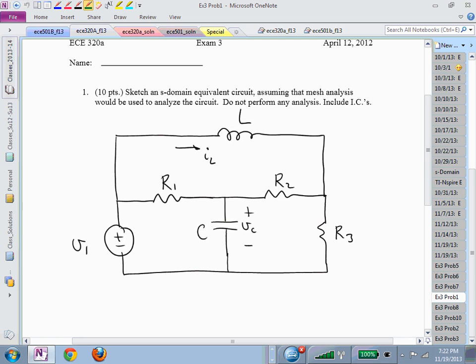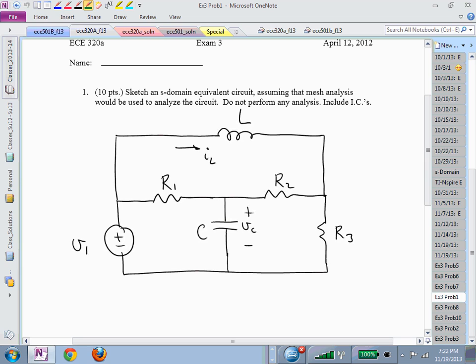So if I sketch this, you would need to put in the initial conditions, and now you may not know them, so you would just put them in as I sub L of 0 minus and V sub C of 0 minus. I didn't say anything about what the initial conditions are, so you would have to introduce those explicitly.